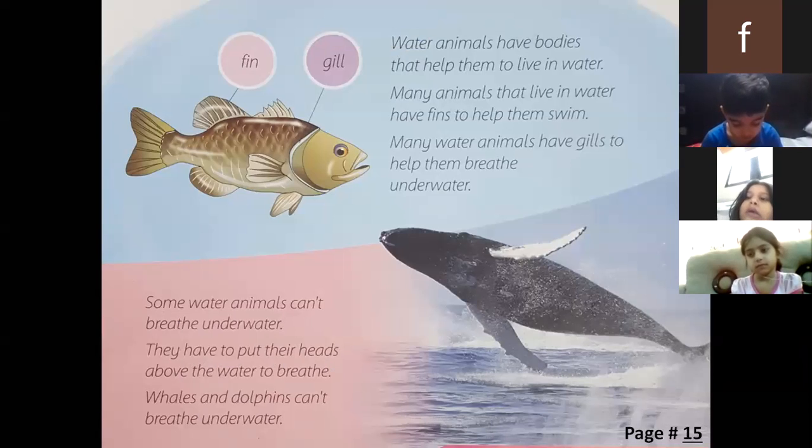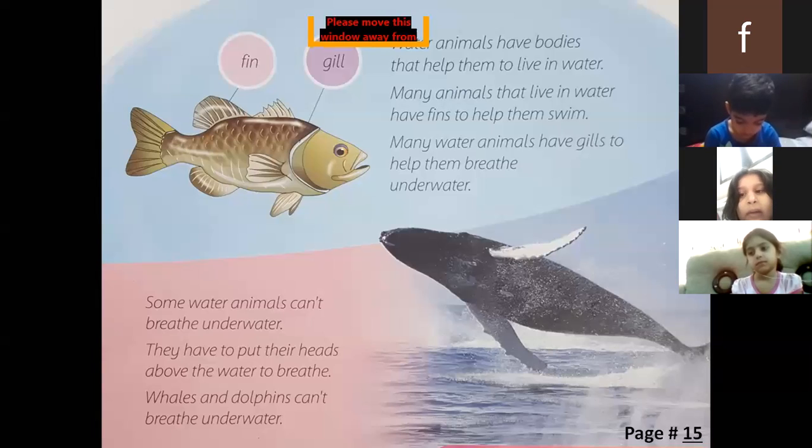There are some water animals that live in water, but when they want to breathe, they come to the surface of water and put their heads outside above water to breathe.